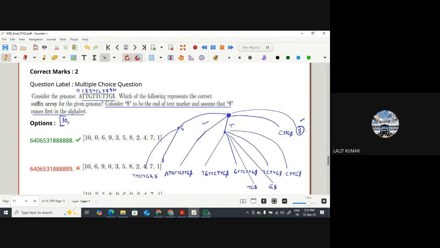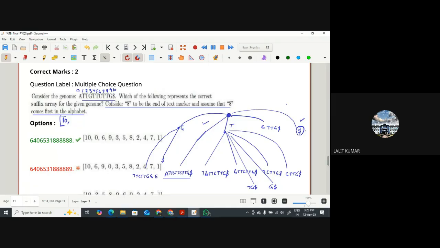Is that okay? Already the CTT dollar is there. No, sorry, it's after T: TTG dollar. Okay.